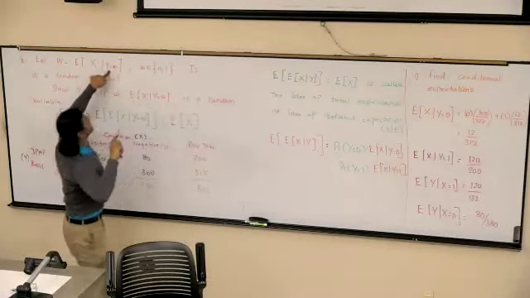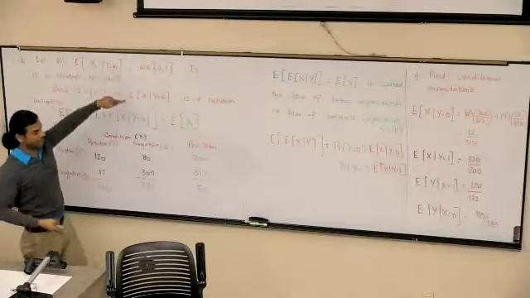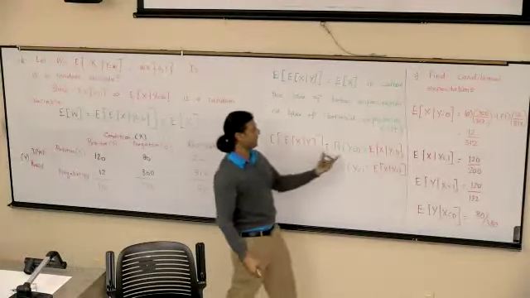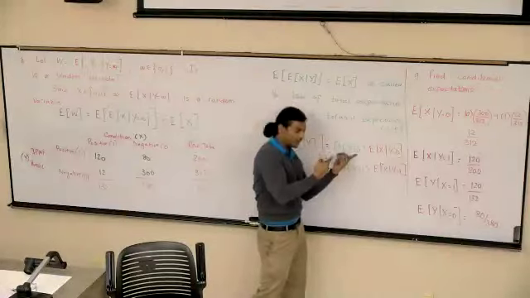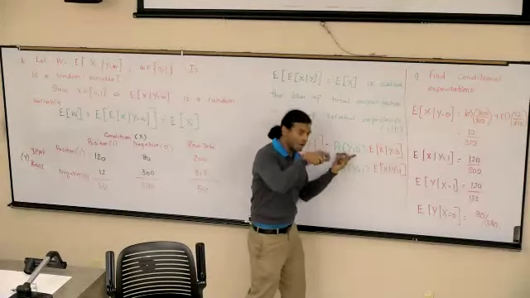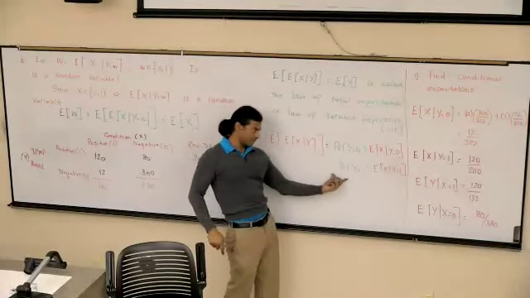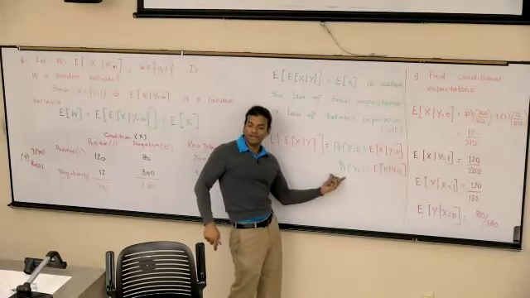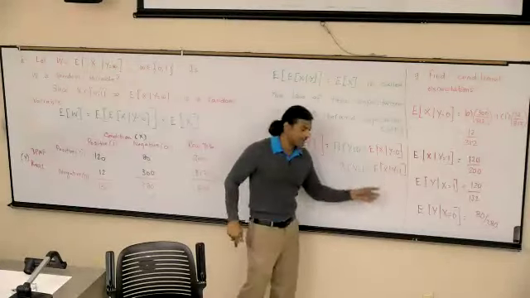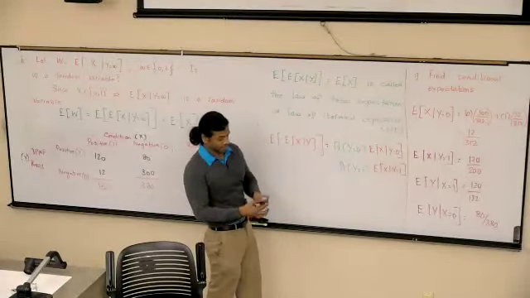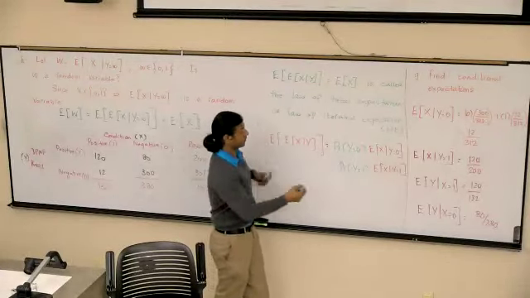So when I condition on Y equals 0, the corresponding probability will be probability of Y equals 0. The outcome would be the expectation. Plus the probability of Y equals 1, the outcome would be the expectation of X given Y equals 1.